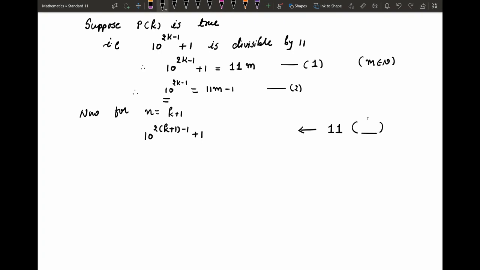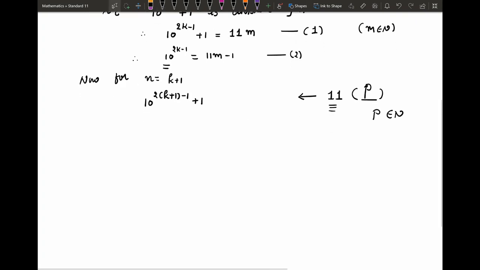For example, if we denote this by capital P, then P must belong to the natural numbers. So if 11 is a coefficient, then we can say that this number is divisible by 11. So let us show that in the expression of 10 raised to 2 into bracket k plus 1 minus 1 plus 1, 11 is a coefficient.